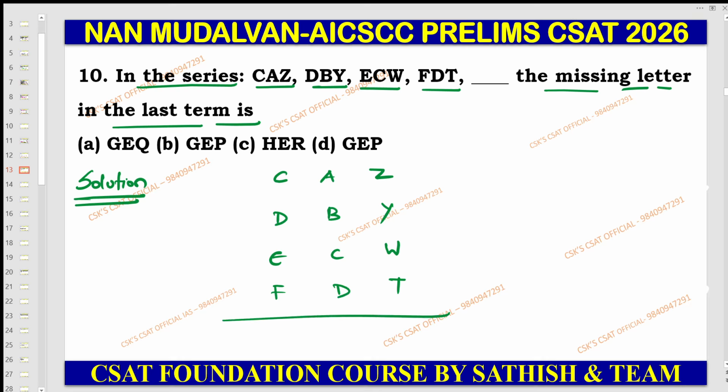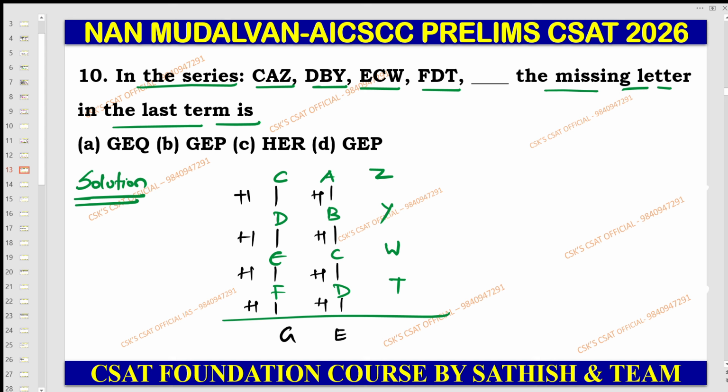Now let's see the pattern here. In the first letters, plus 1, then here also plus 1, here also plus 1, and the next is going to be plus 1.